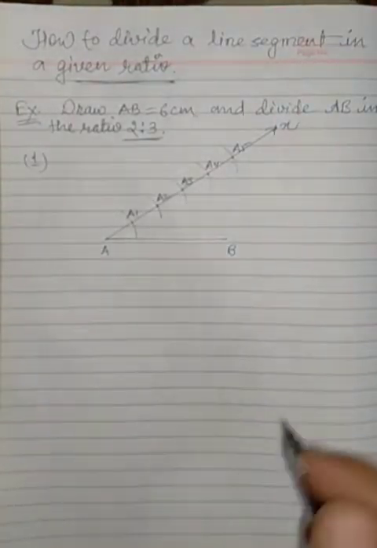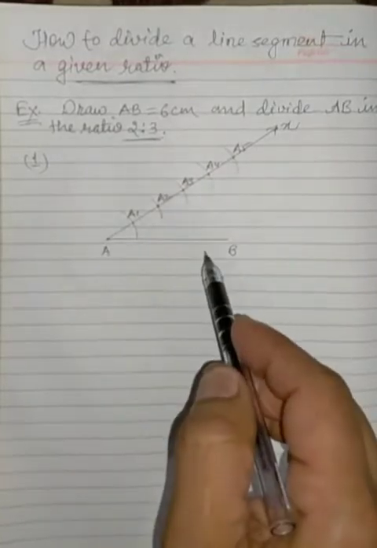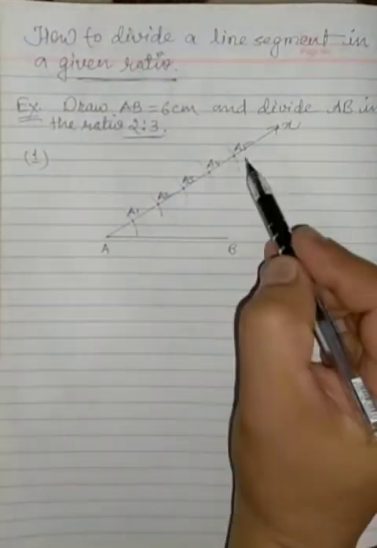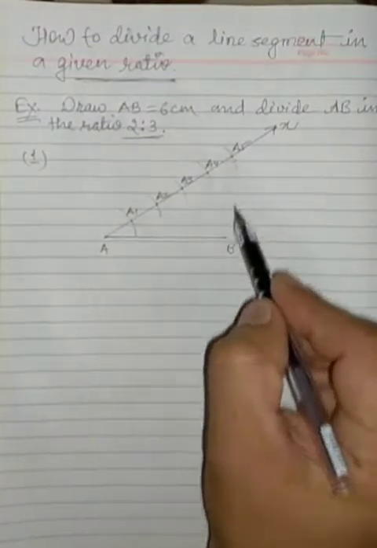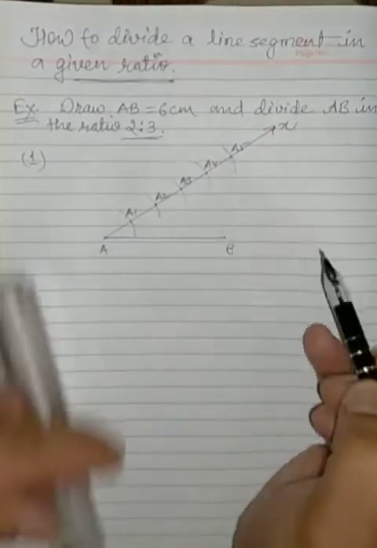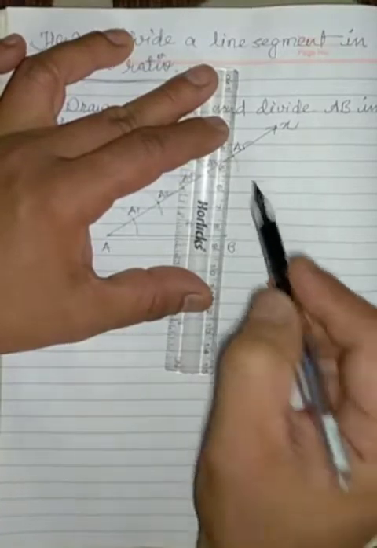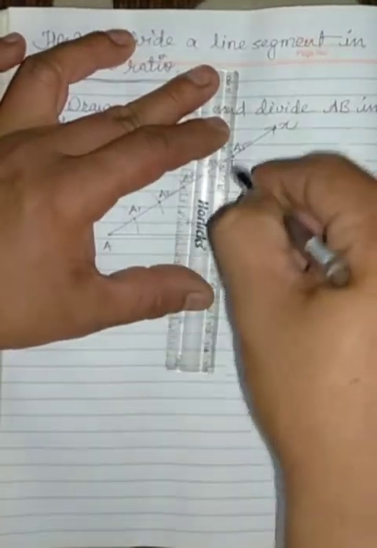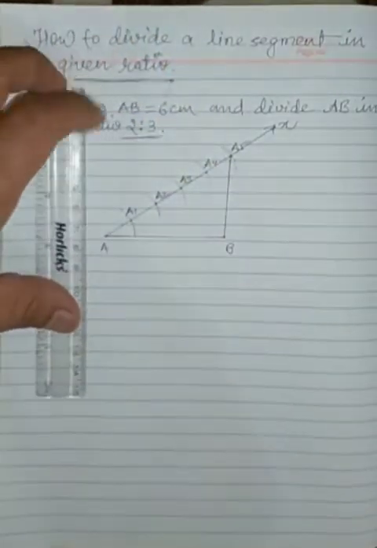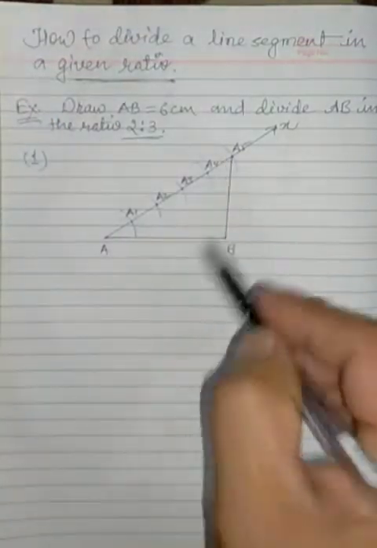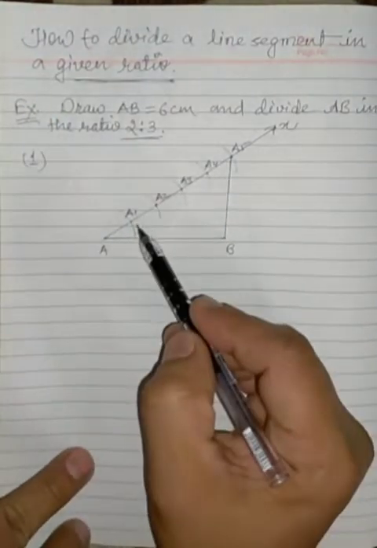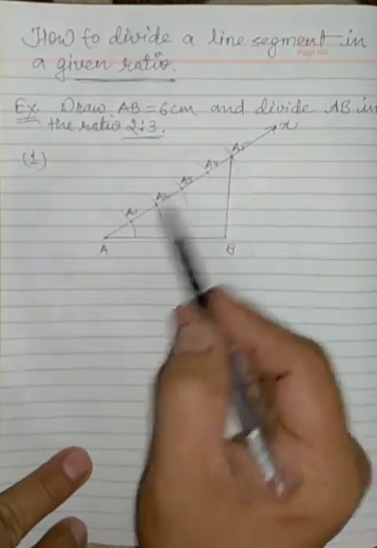Now, to divide the line segment AB in the ratio, first of all, we will join A5 to B. So here I have joined A5 to B. Now 1, 2, 3, 4, 5 arcs are there.